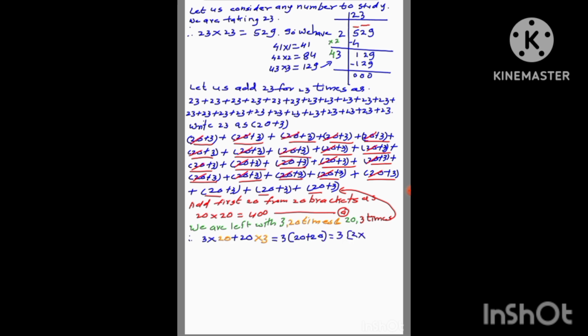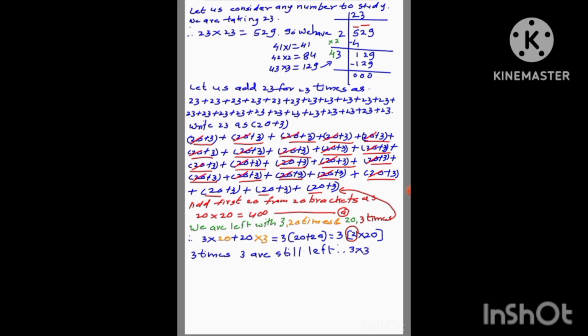You always get numbers like that. So if you solve it ahead, you get 3 into 20 plus 20, that is 3 into 2 into 20. This 2 is important. For this 2, you always multiply the divisor by 2. If you study this method properly, you will understand this is the 2 which multiplies the divisor by 2.